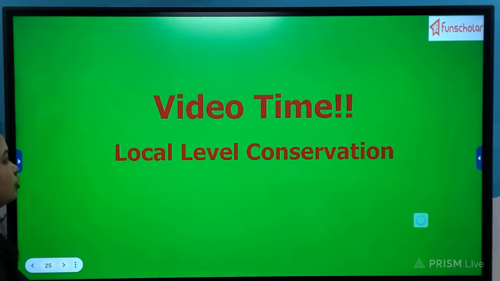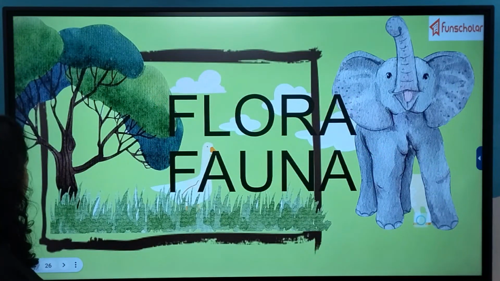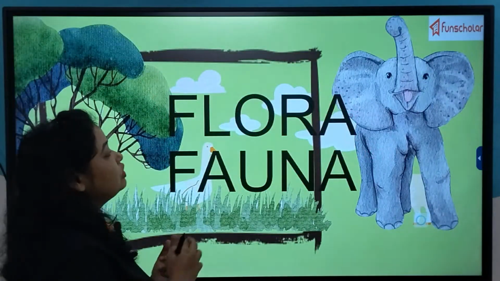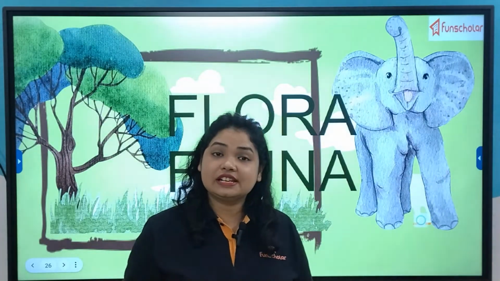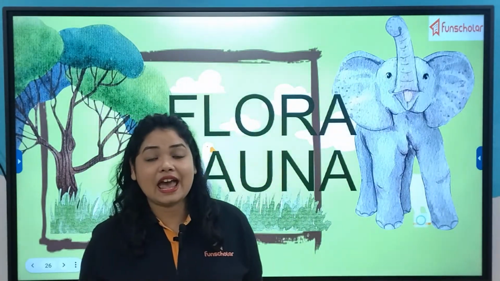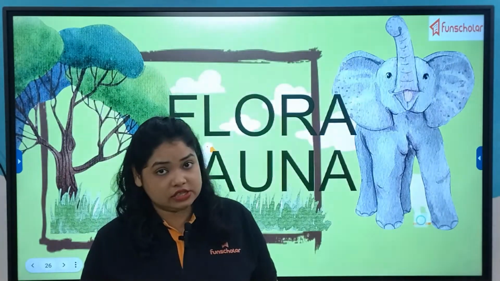Now we'll come to know about local level conservation, how the local people help to conserve. In the previous lecture, if you remember, we also discussed the Chipko movement, in which the women of the village used to hug the trees to protect them from being cut down.